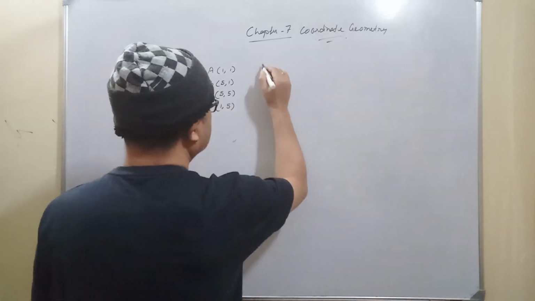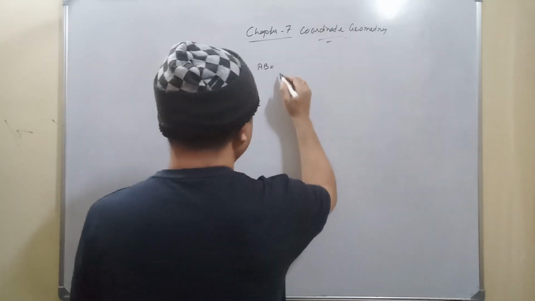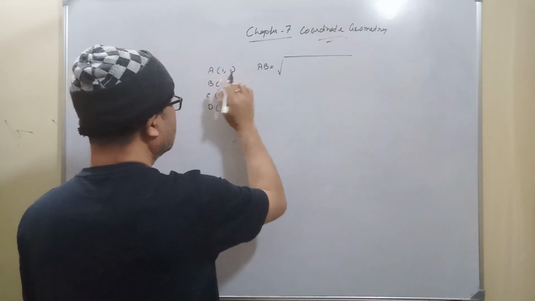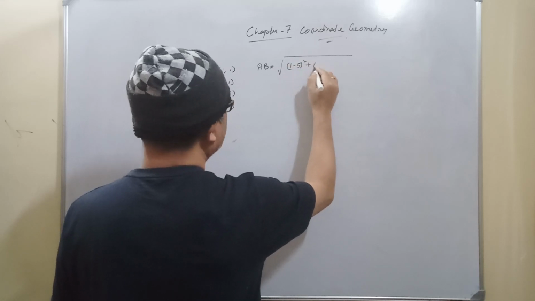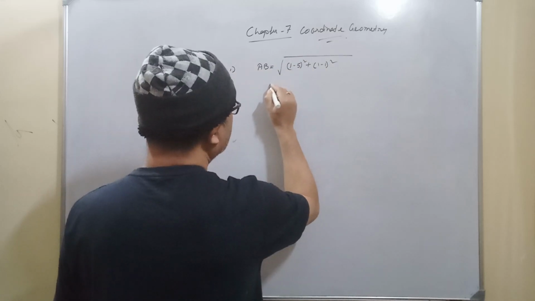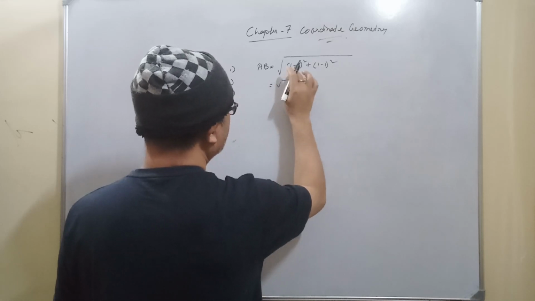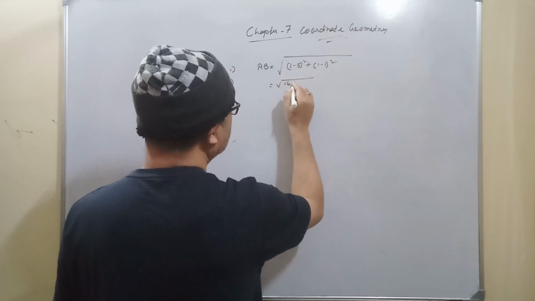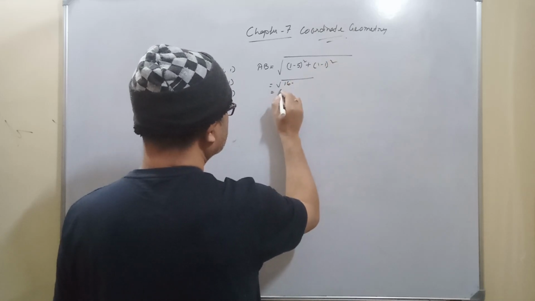So first we find the distance between A and B. By using the distance formula, we get (1 minus 5) square plus (1 minus 1) square. So this is equal to (1 minus 5 is minus 4) square is 16, 1 minus 1 is 0, square 0, so 16, that is 4.